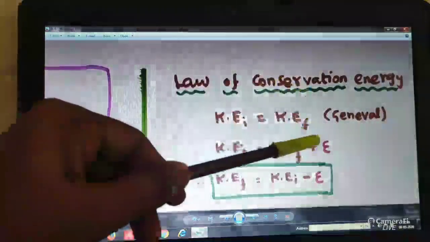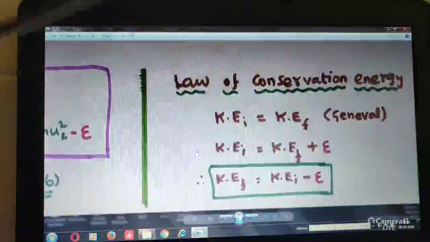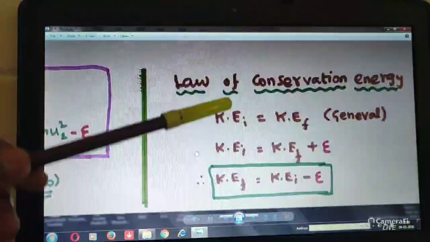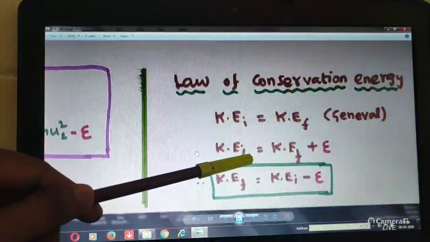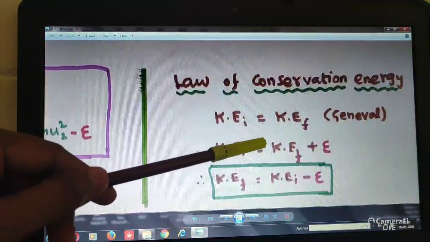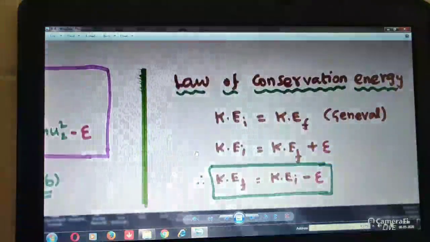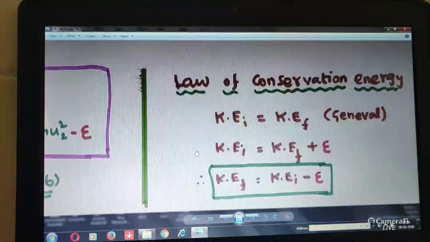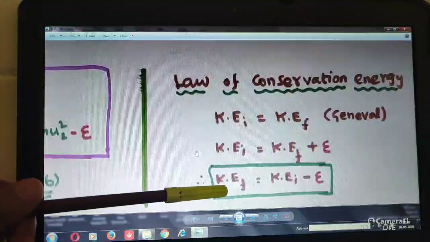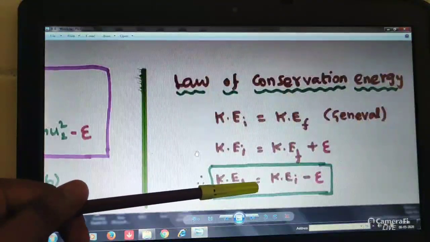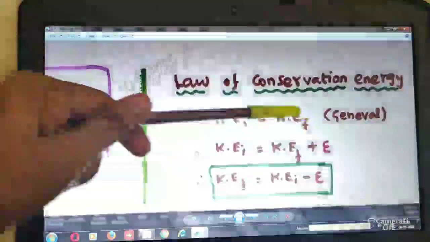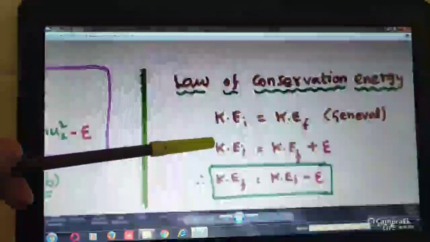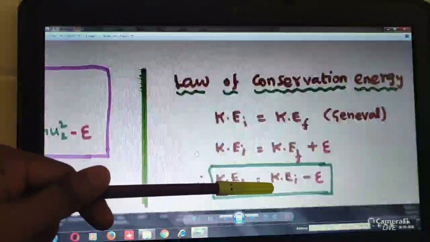See that, this red color I mentioned, that is the absorption of energy. Therefore initial is equal to final energy plus the absorption energy. This is given in the question. Therefore, I can write the final energy is equal to the initial kinetic energy minus epsilon.